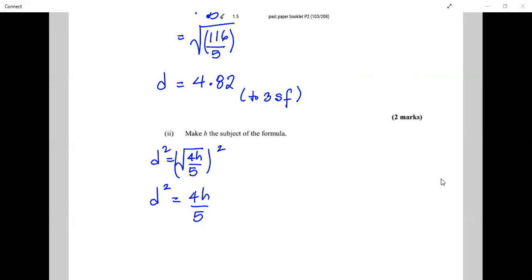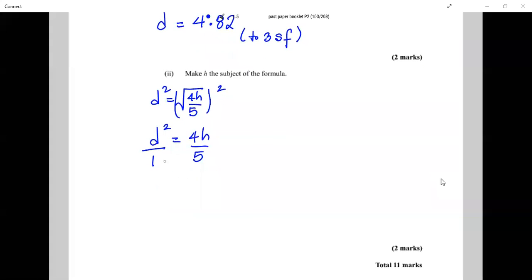So the first thing I did was to get rid of the square root sign by squaring both sides. If you square something that is under a square root sign, you're going to get back what is under the square root sign. Then I'm going to put my d squared over 1, and if I have one fraction equal to one fraction, I'm going to cross multiply.